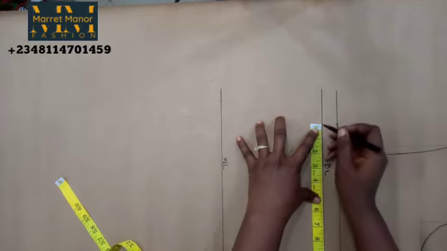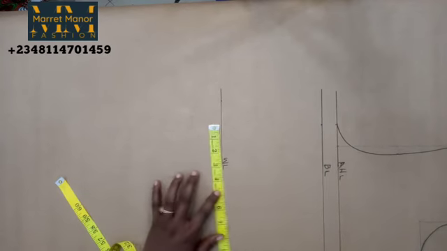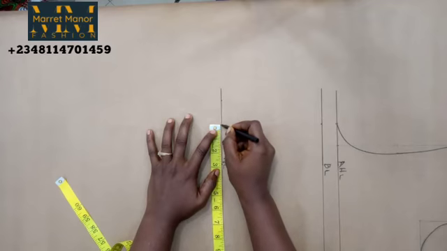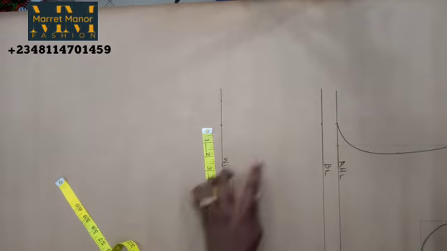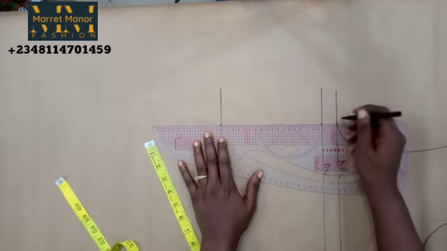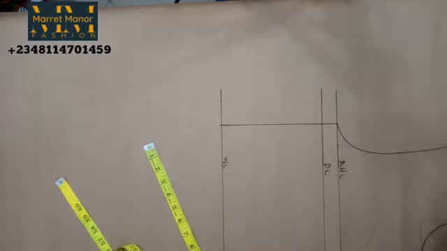So I have 9.5 inches. I'll mark it on my bust line, and on the waistline also I'm going to mark 9.5 inches. Okay, so I'm going to square up all these lines so they all match up to be the same. So I should have a straight line like so.